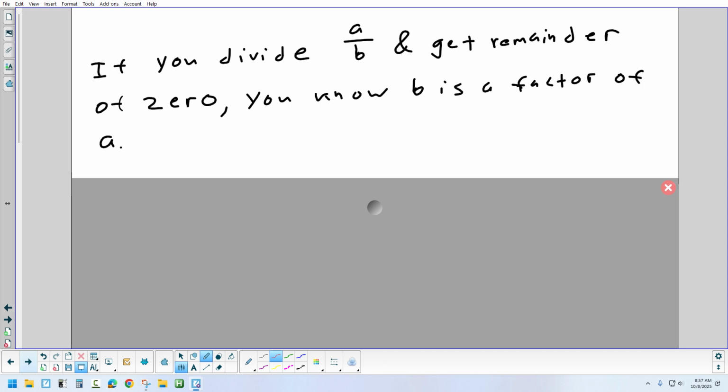If you divide 2 things and you get a remainder of 0, then you know what you divided by is a factor. So if you take 12 and you divide by 5, you don't get a remainder of 0. You get a remainder of 2. Because you get a remainder of 2, that means 5 is not a factor of 12.